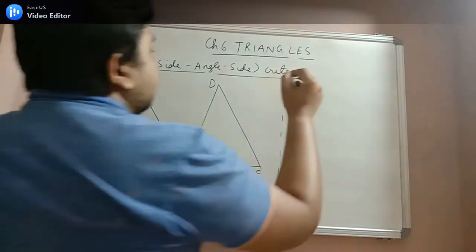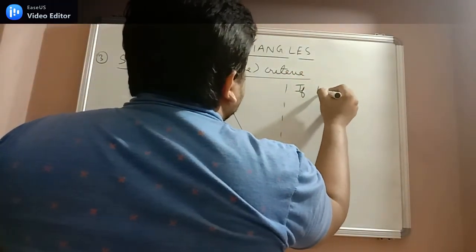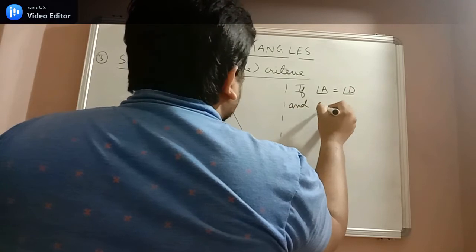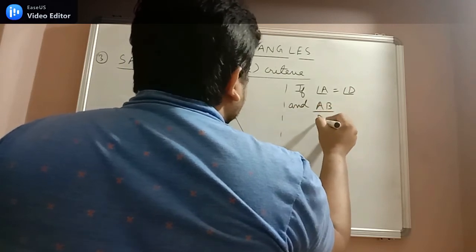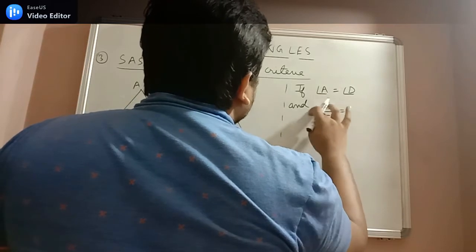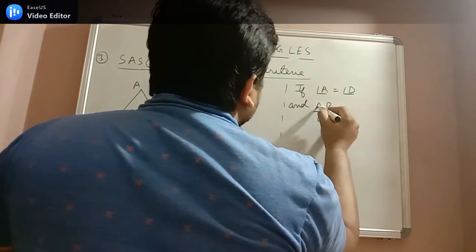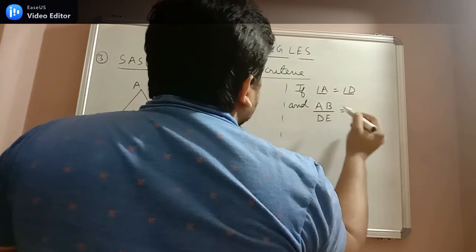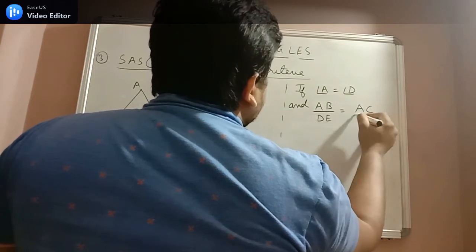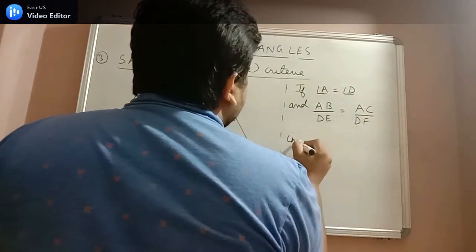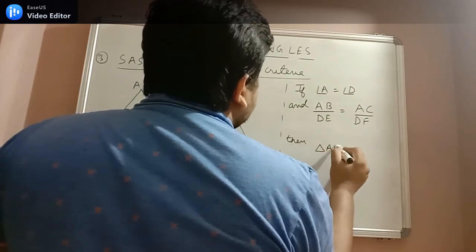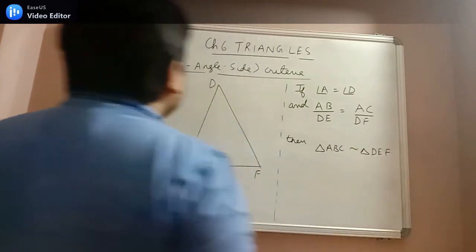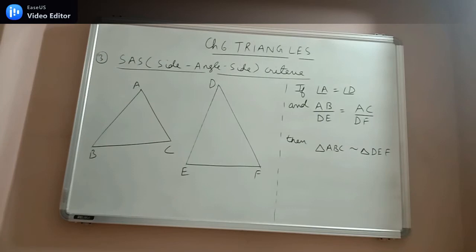So if I can say angle A equal to angle D and AB upon DE equals to AC upon DF, then triangle ABC is similar to triangle DEF by side angle side criteria.